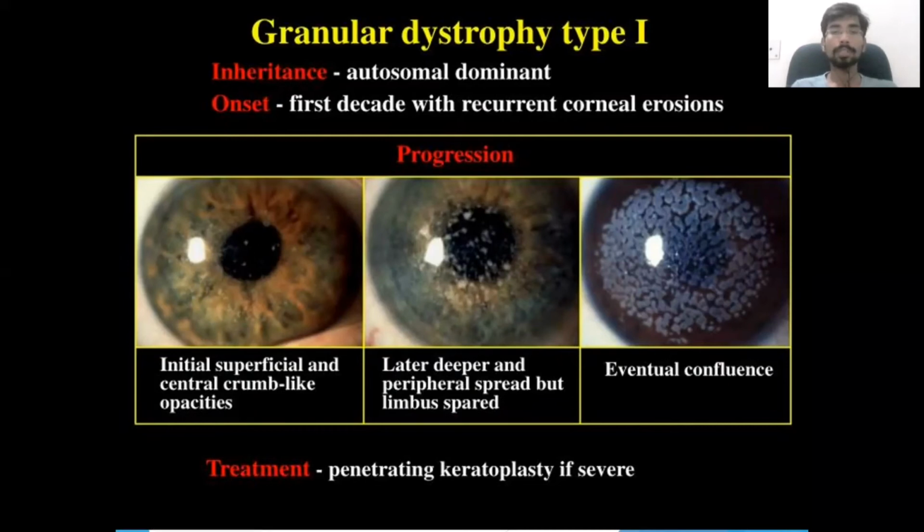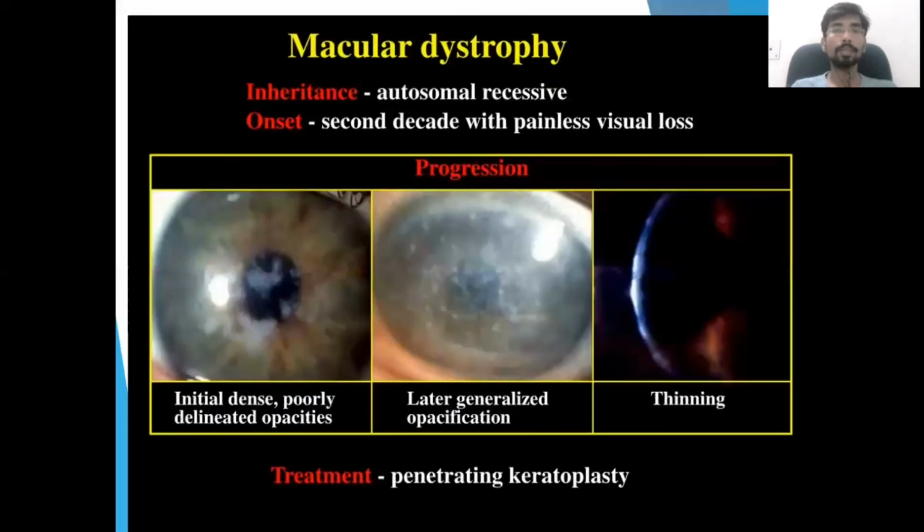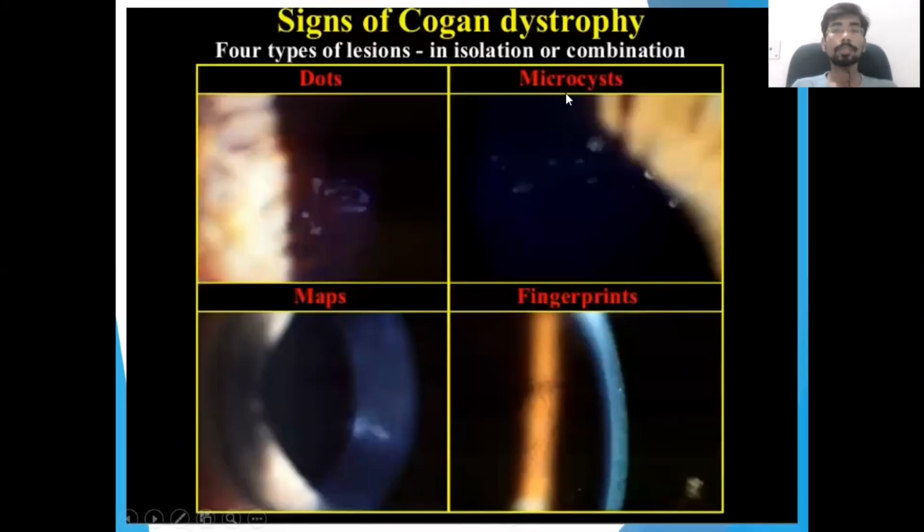Keratoplasty, if severe, is the treatment. Macular dystrophy: initial dense, poorly delineated opacities, later generalized opacification and thinning. Treatment is penetrating keratoplasty. Cogan's dystrophy: there will be dots, microcysts, maps and a fingerprint appearance.